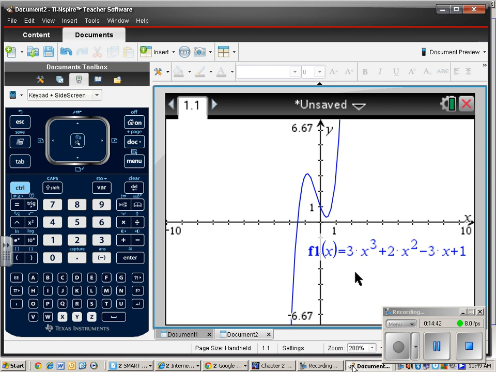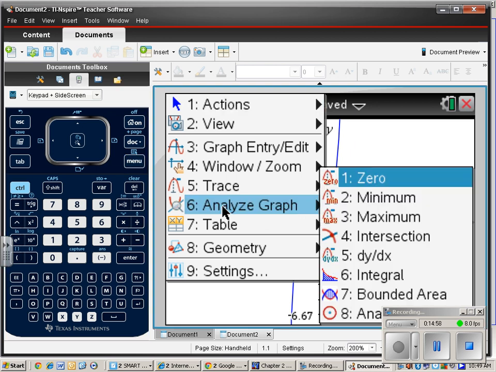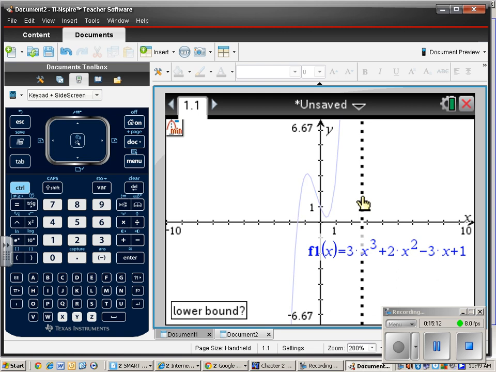So I'm going to select menu. What do you think I want to do from the menu? I want to analyze. I want to find something out about the graph. I want to find a minimum.